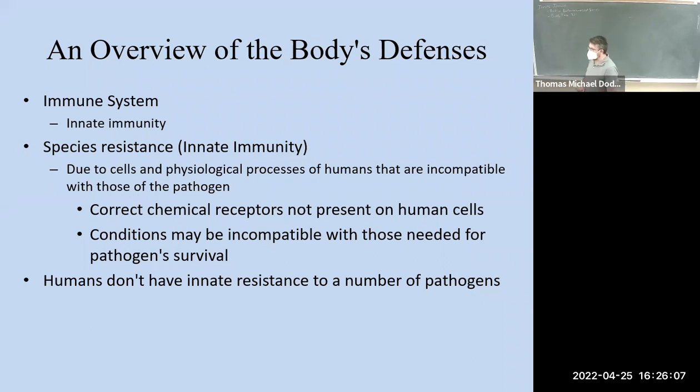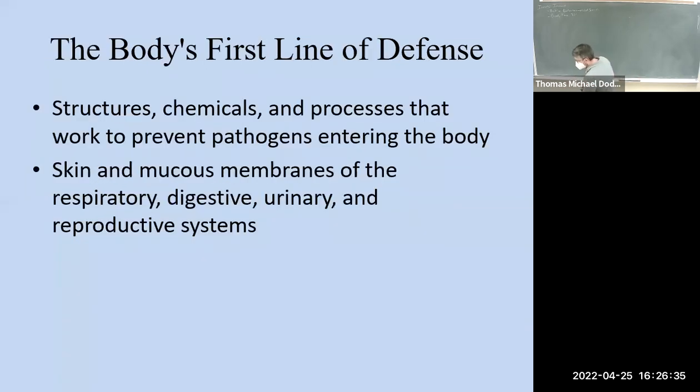Why do some animals get certain viruses and not us? As far as I know, I don't think humans get parvo. Dogs do, but humans don't. Why? Probably because it's something that is specific to the dog cell, not to the human cell. Does that make sense? Okay, so those are some of those inbuilt things that just make us incompatible to certain things.